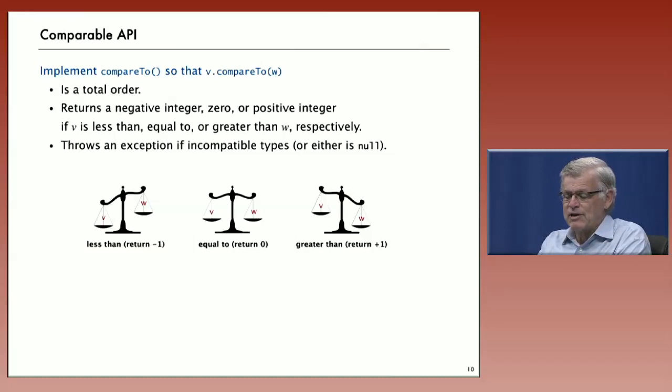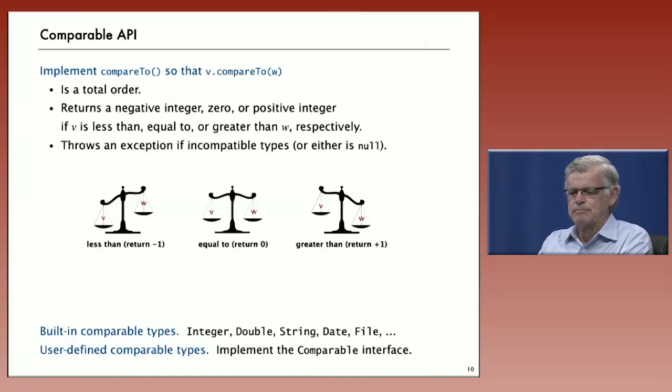If the types are incompatible, or if either one is null, compareTo should throw an exception. Now, again, many of Java's standard types for numbers and dates and files and so forth implement compareTo by convention.